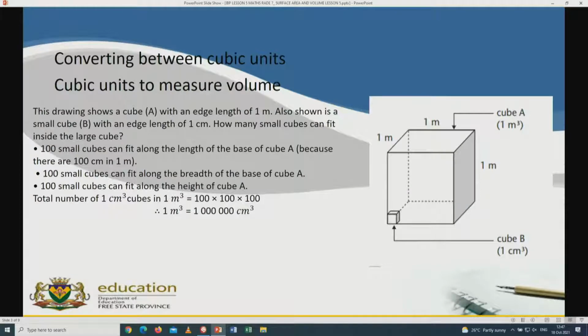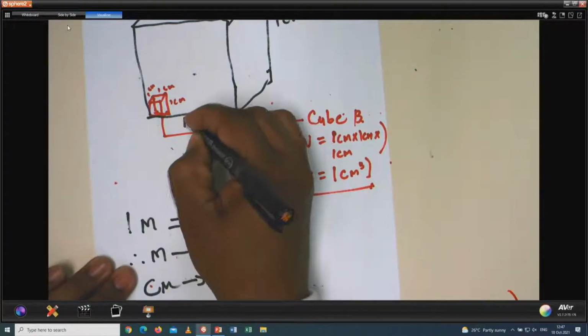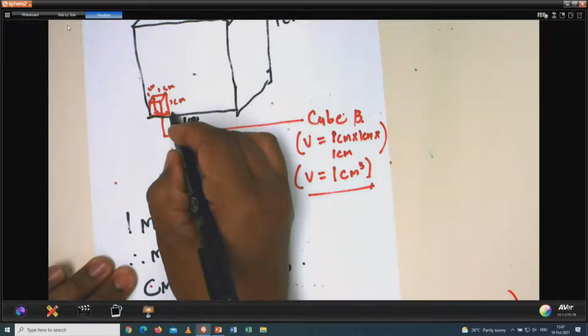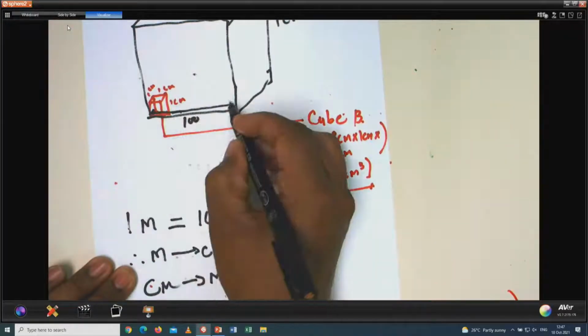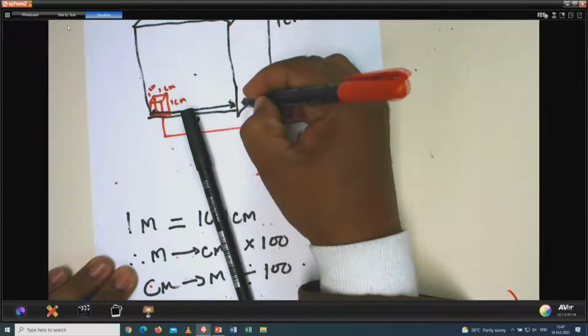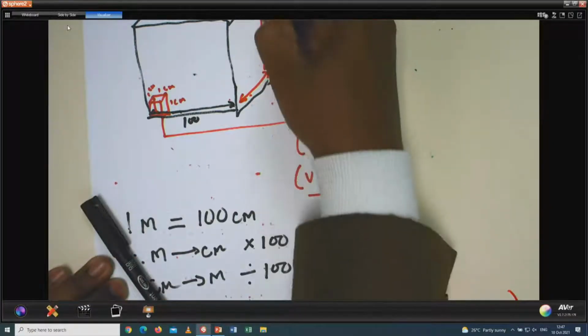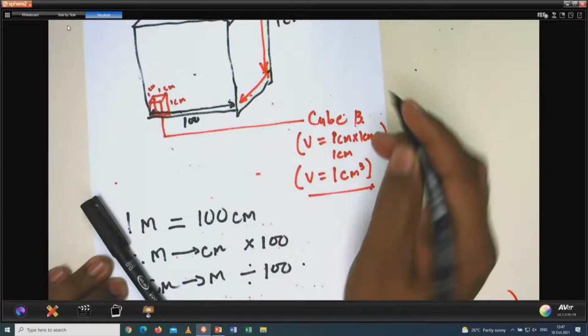And now the second bullet: 100 small cubes can fit along the breadth of the base of cube A. So we will have 100 of these cubes fit on this side, 100 of them fit in the breadth, and also 100 of them fit in the height.